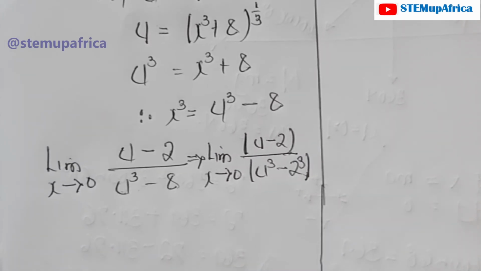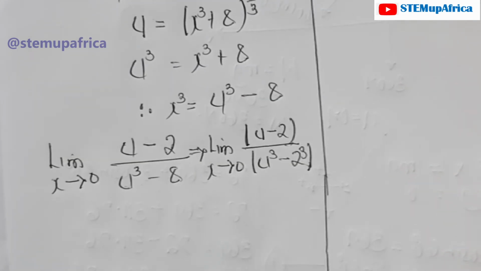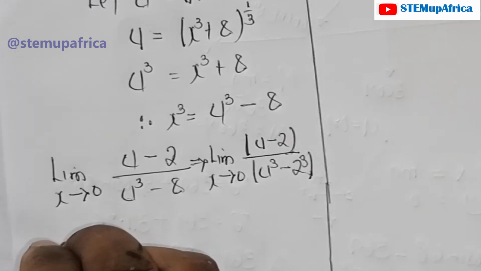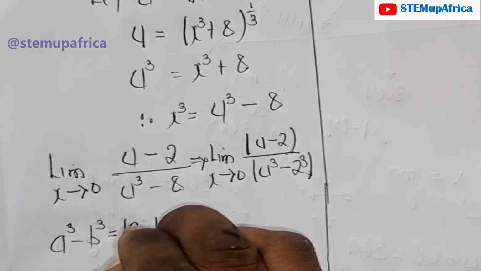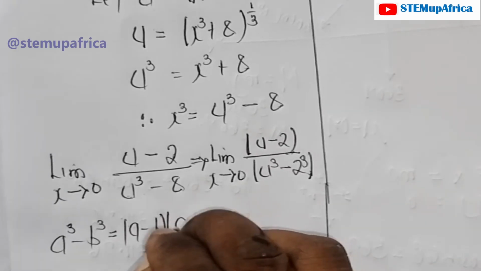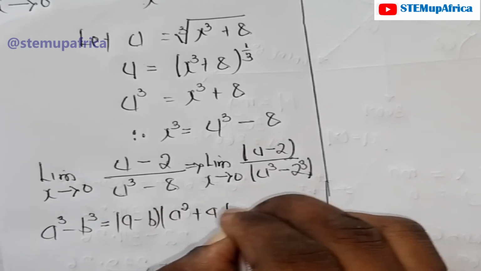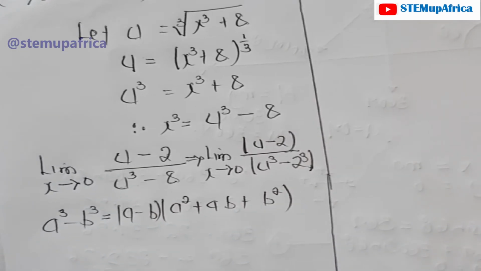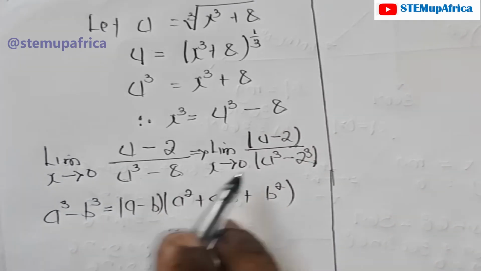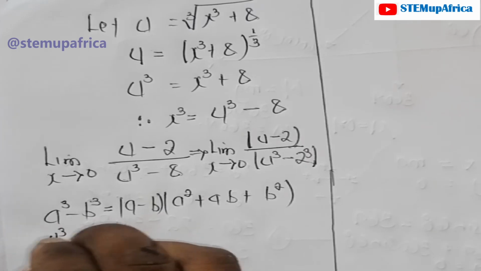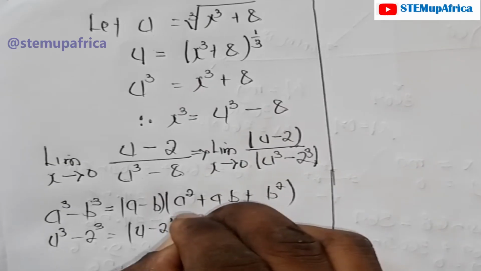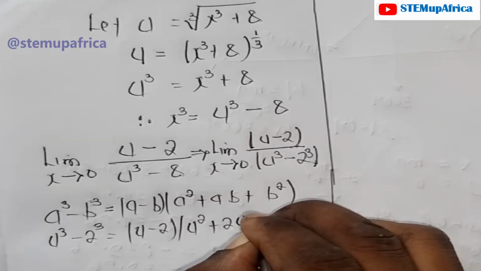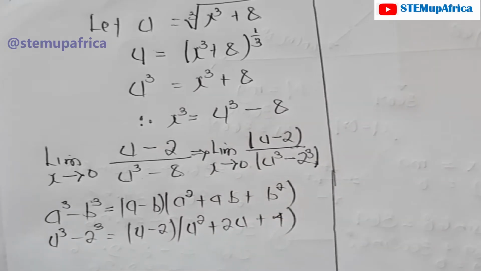So what happens if you factorize a cubed minus b cubed? Let us recall: a cubed minus b cubed gives us a minus b into a squared plus ab plus b squared. So if I compare this to u cubed minus 2 raised to power 3, it will give us u minus 2 times u squared plus 2u plus 4, which is 2 squared.